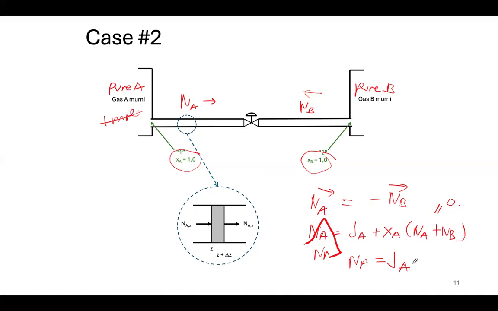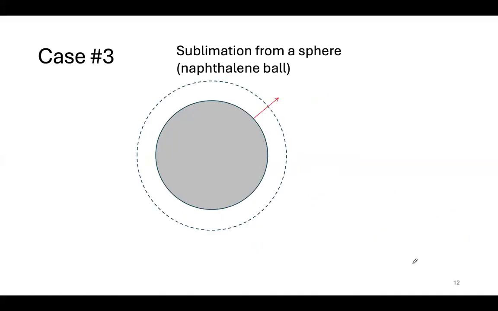Okay, last one. I will also ask you about the sublimation of a sphere. For example, you have a naphthalene ball, put it in your closet or in your bathroom, and then within some time it will vaporize, sublimation in that direction in a sphere.